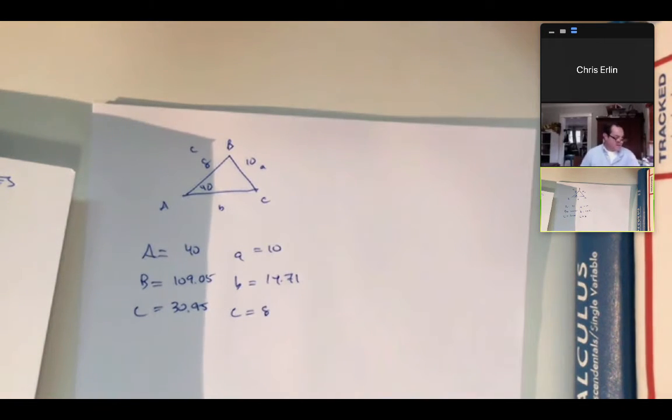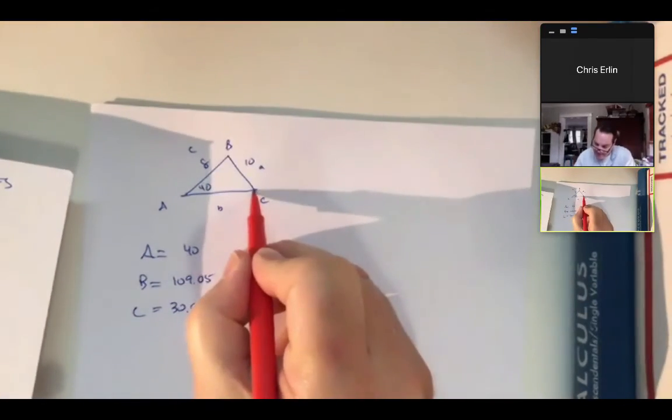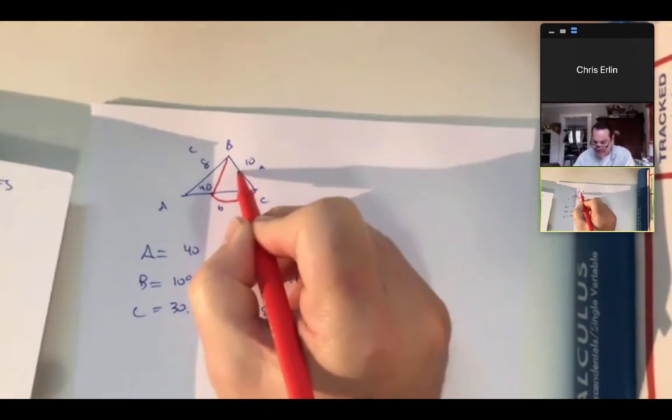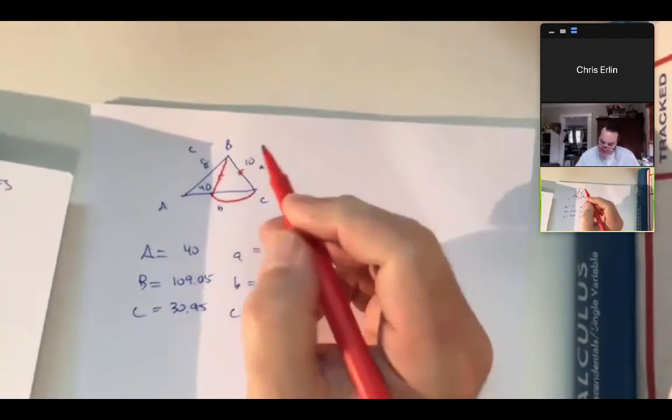If this is the ambiguous case, then what we're wondering about is what happens if this side actually swings over like this, so that it's still 10 units long, but now it's over in this direction.